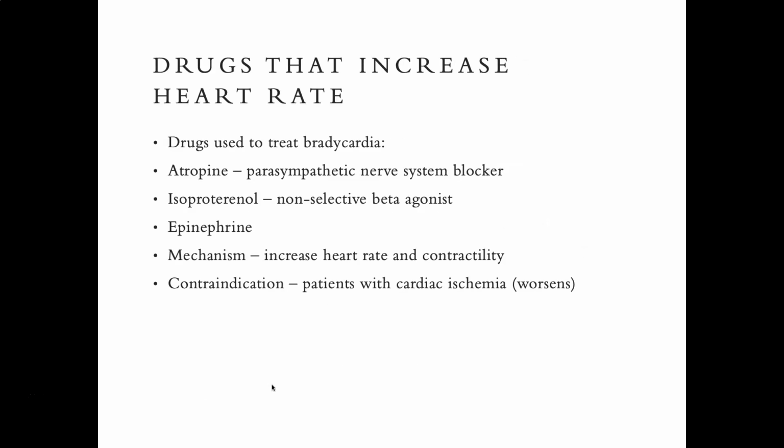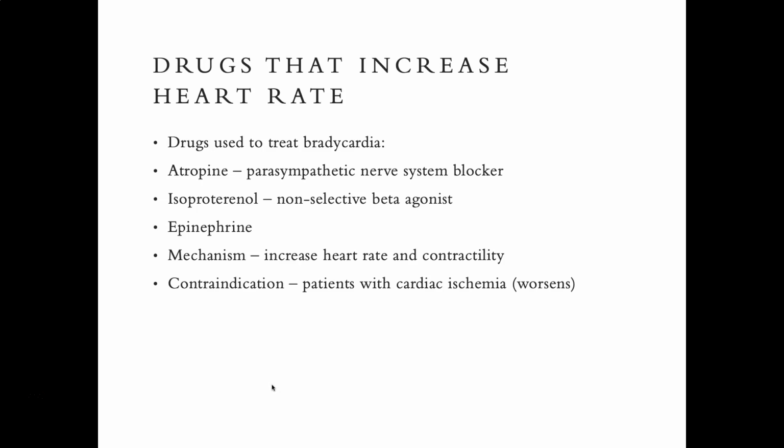There are some other drugs that are used as antiarrhythmics. These are all drugs that increase heart rate. So they're used to treat bradycardia, where the heart is going too slow. Atropine. This is a parasympathetic nerve system blocker. Isoproterenol. That's a non-selective beta agonist. Epinephrine is another.